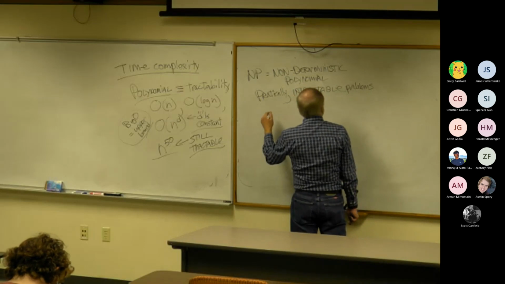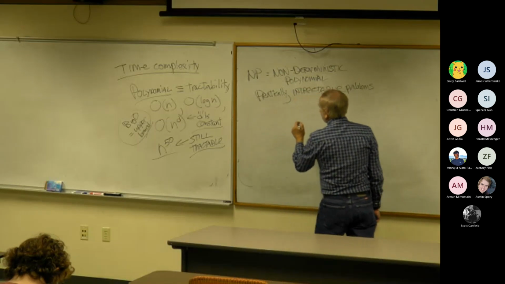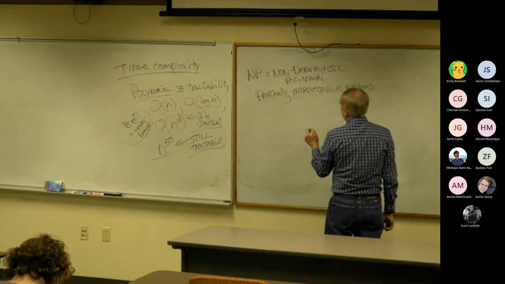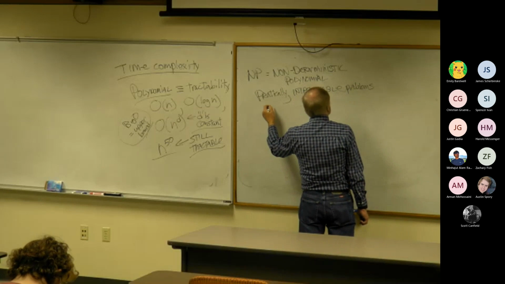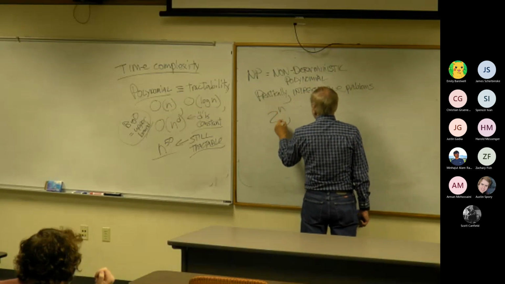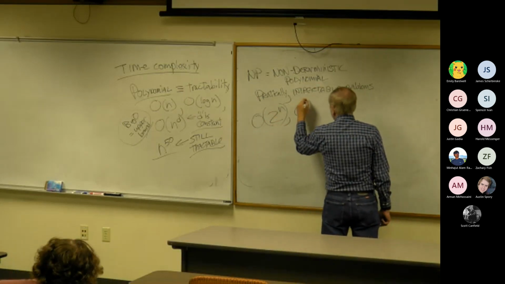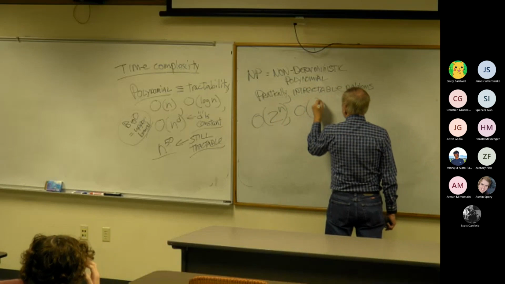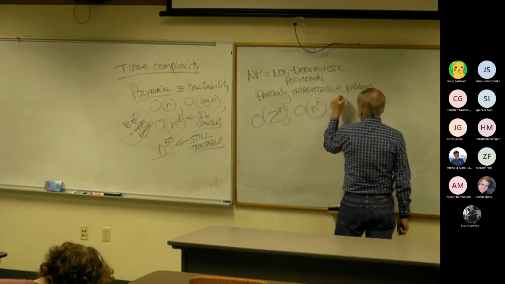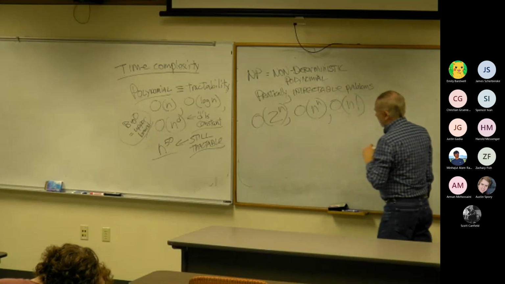Those would include two to the n, n to the n, n factorial.